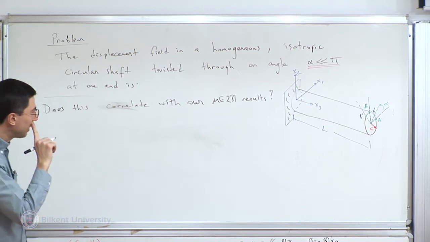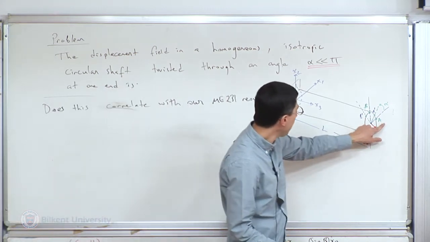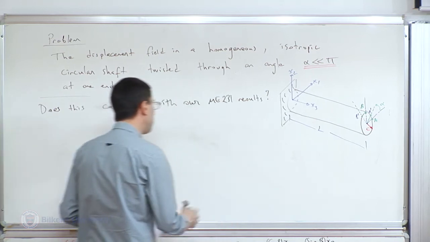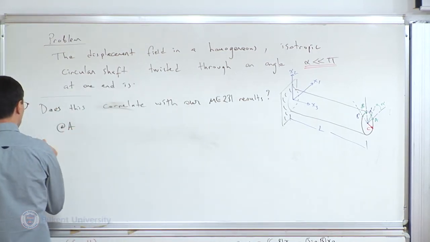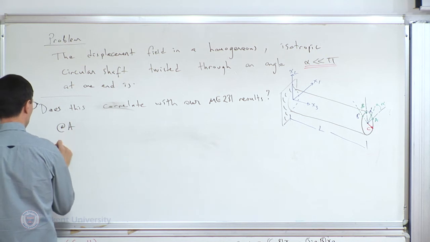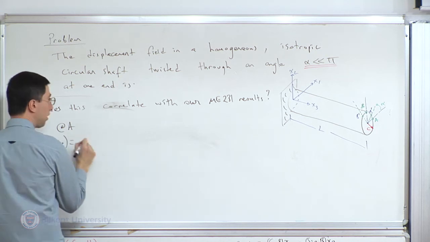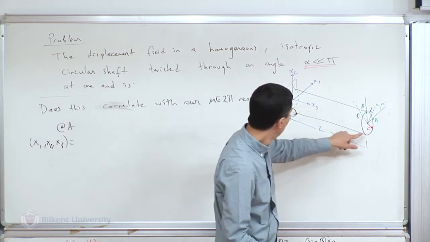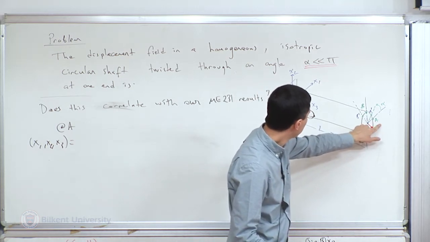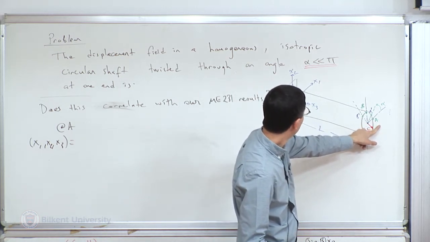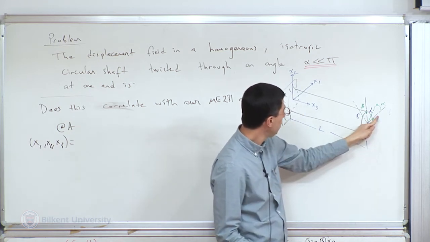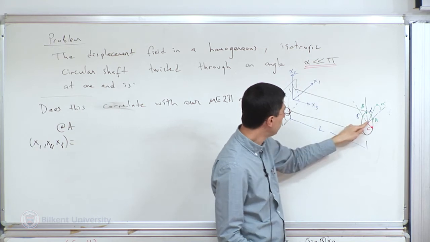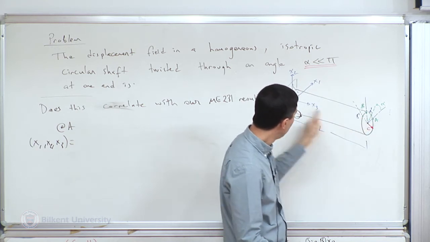So for that, I will pick these 2 points, A and B. These points have coordinates. Point A has x1, x2, x3 equal to, the radius is c, so in the x1 direction c, in the x2 direction 0, so (c, 0, L).